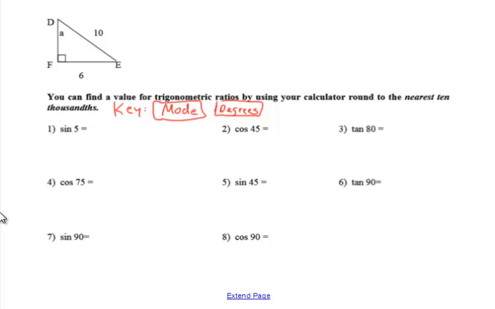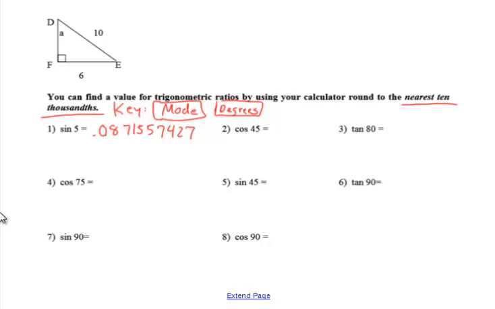So I'm just going to do a few of these. We want to round it to the nearest 10 thousandths. So once I go to my calculator, I make sure my mode is in degrees. All we do is there's going to be a SIN button, sine, put in 5, hit enter, and you're going to get 0.087155747. Okay, nearest 10 thousandths.